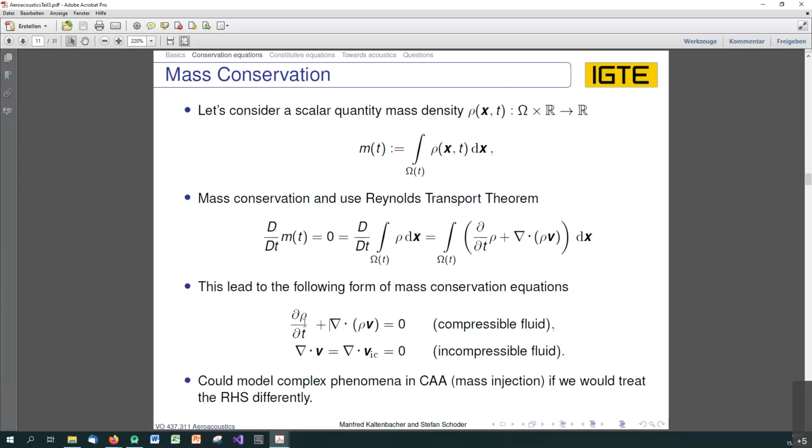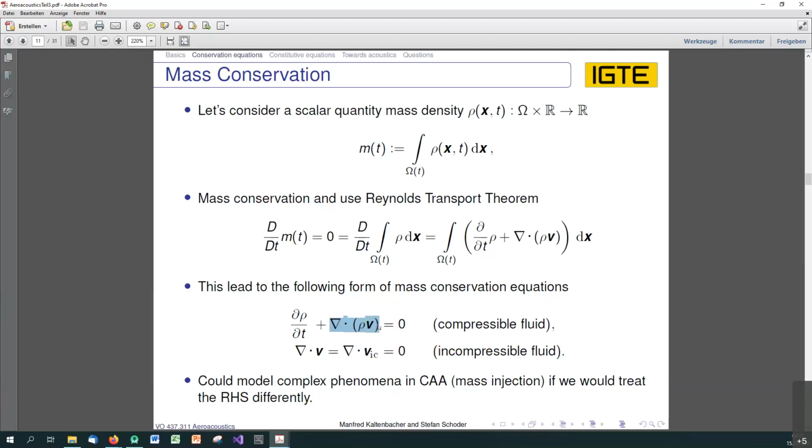Probably you have some laser beams which are alternating the temperature in the fluid. Then as a consequence, you can alter the density, and this more or less heat bulb in the fluid then emits sound waves due to the second term.